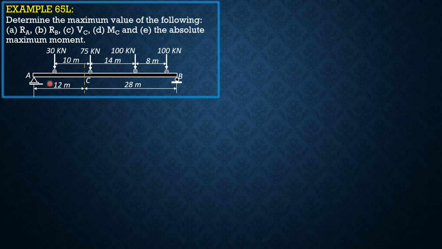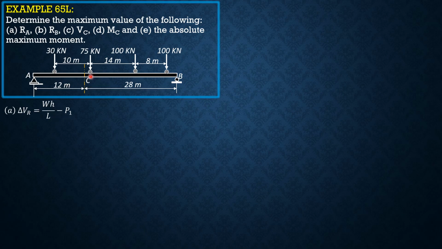Sorry, WH over L minus P1 only. So assume that the loads are moving from right to left. When the 30 kilonewton load is over A, there will be no minus P1, so initially it starts with positive sign.